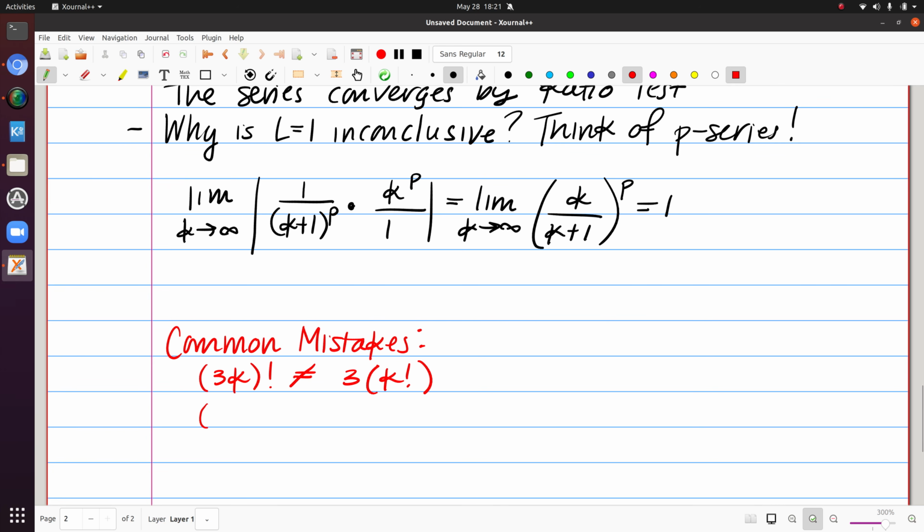And likewise, another thing I might see is somebody would break it up like this. So these both are not true. I'm trying to emphasize that those are not equal. The best way to convince yourself of that is to pick, say, k equals 4, and you can see that you don't get the same things there. So just be careful that 3k does need to be in parentheses, and the factorial really applies to the whole product there.